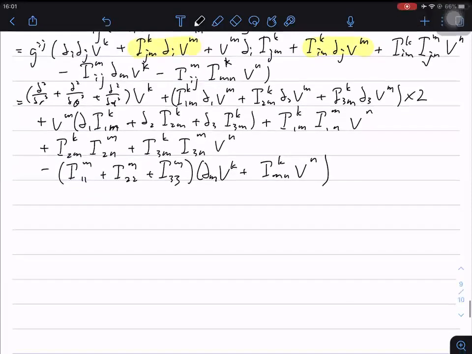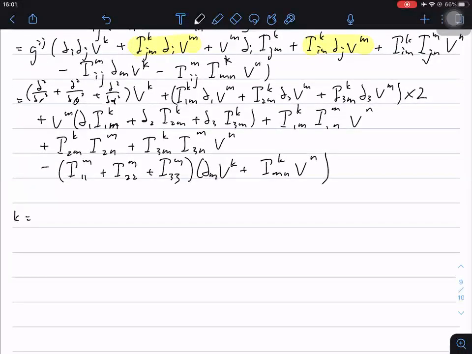Again, let's first consider K to be R, the first component of the vector Laplacian.